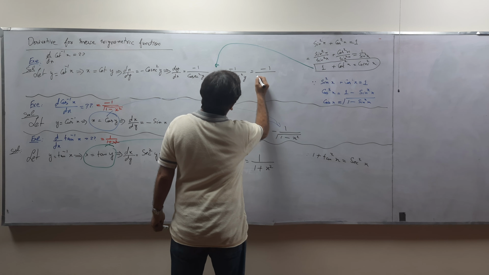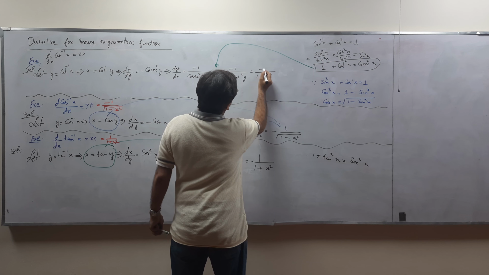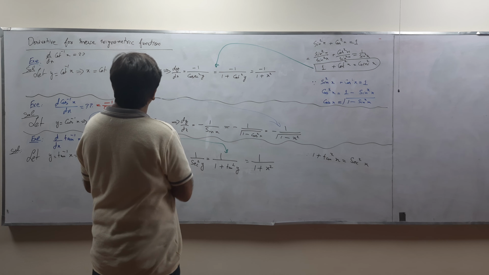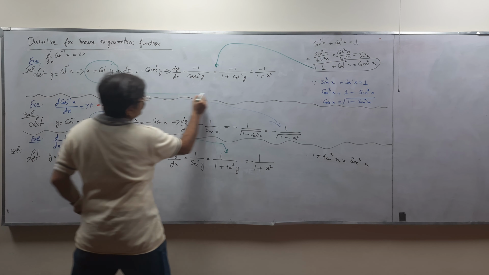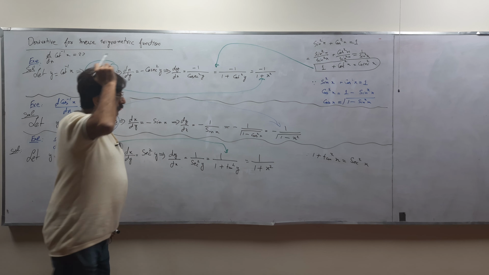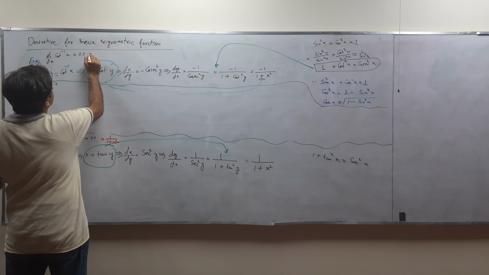So this will be minus 1 over 1 plus x square. So this will be the result.